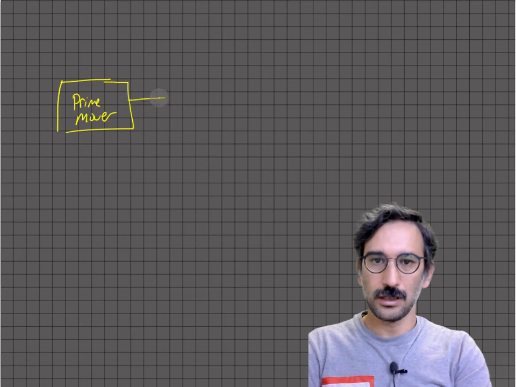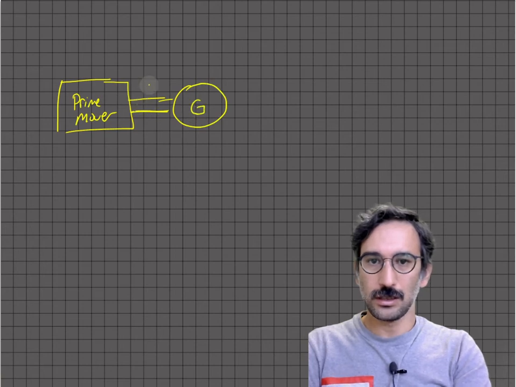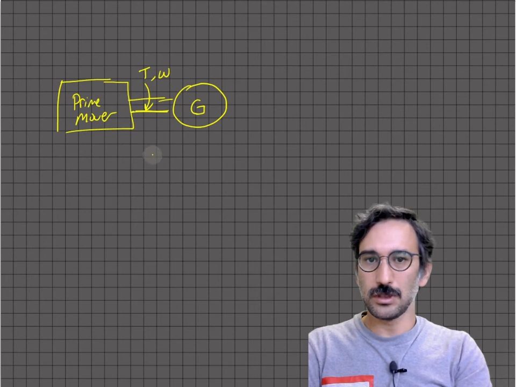So if you look at the block diagram, it will be something like that. You have a prime mover, and that is your generator. Here you supply some torque and some speed.